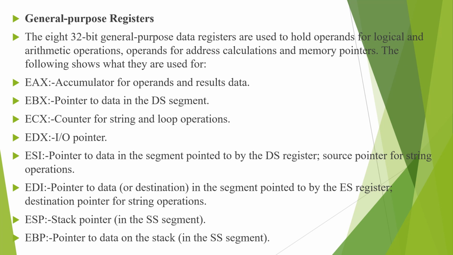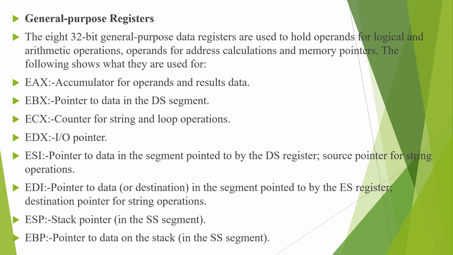ESI: SI stands for source index. It acts as a pointer to the data when it is pointed to by the data segment register. This is the source index for string operations. EDI: DI stands for destination index register.